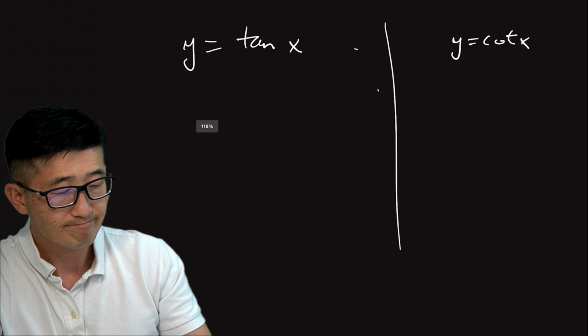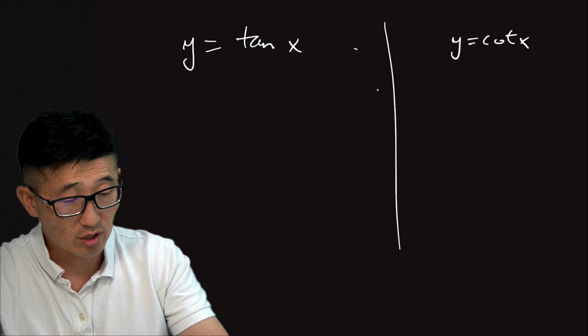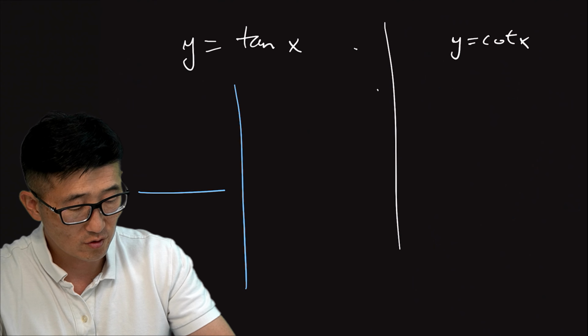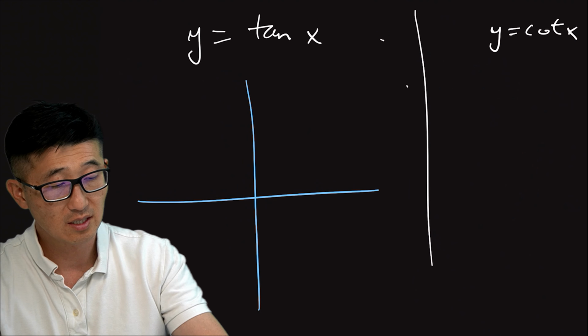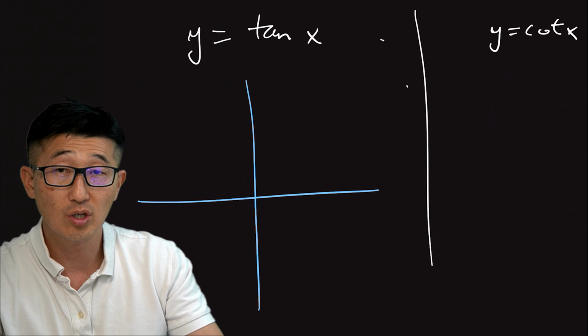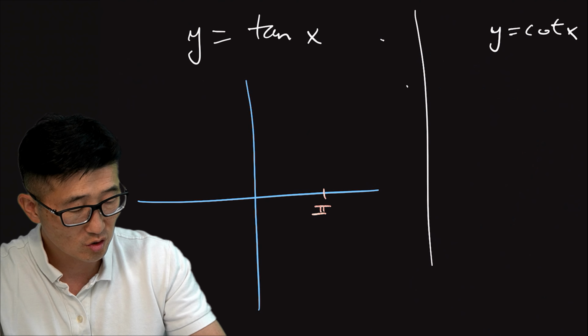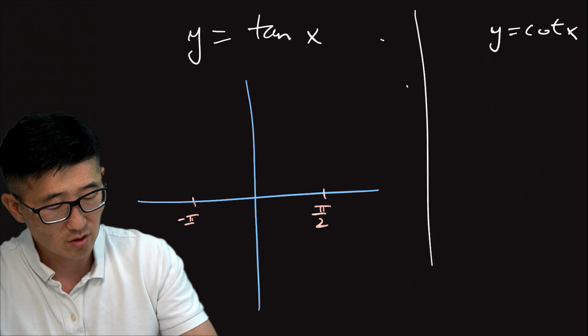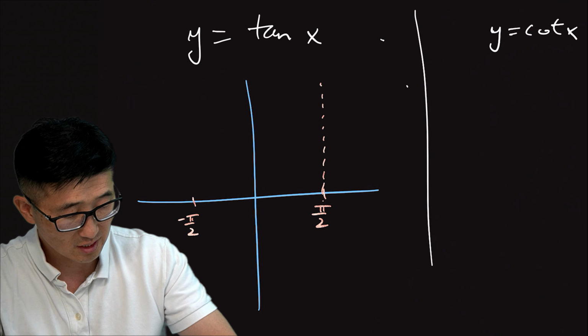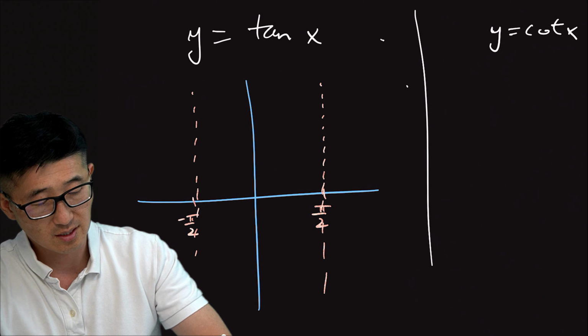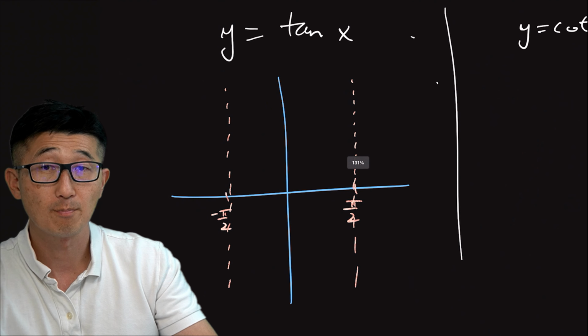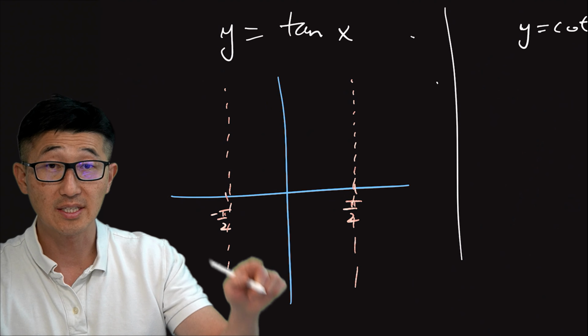All right. So tangent of x, how do you graph this? Well, just draw your x and y axis, and always draw an asymptote at pi over 2 and negative pi over 2, and make a dotted line. The center of the graph will be right here.